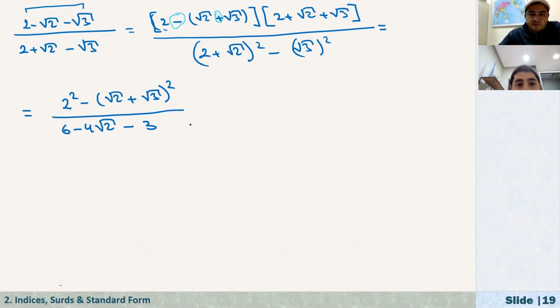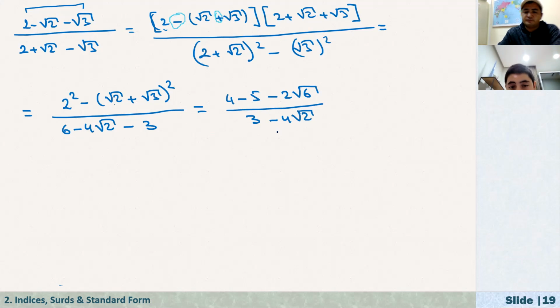Minus, here we have 3, so here we have 4, minus, if 2 plus 3, it is 5, minus 2 times square root of 6, over, how about here? We have 3 minus 4 square root of 2.